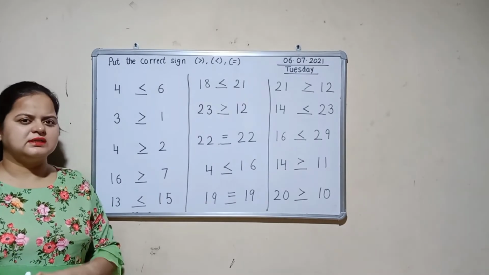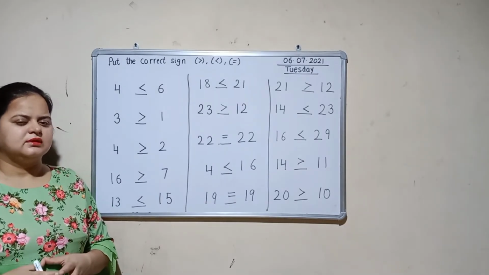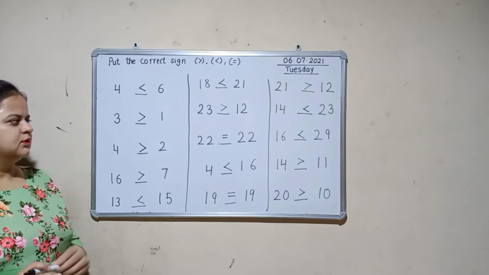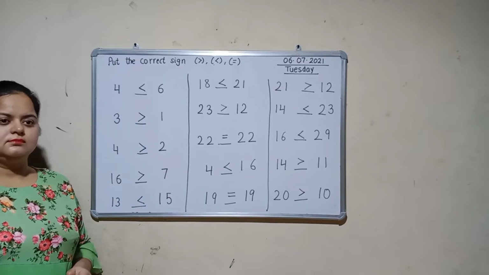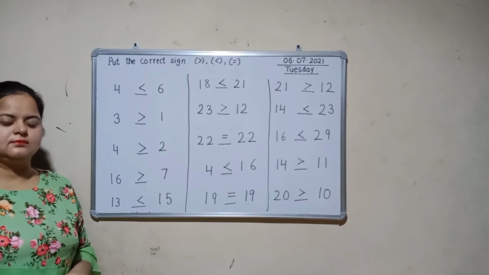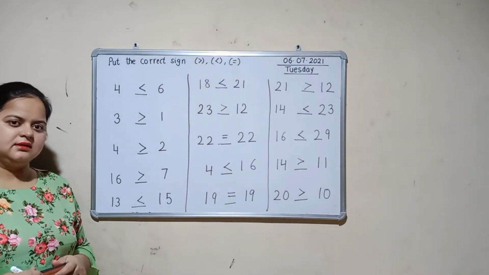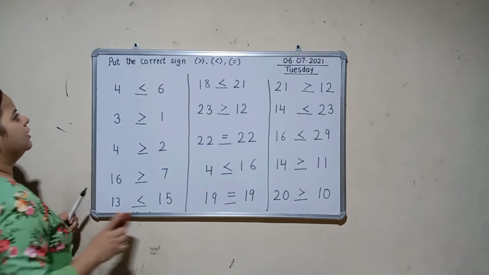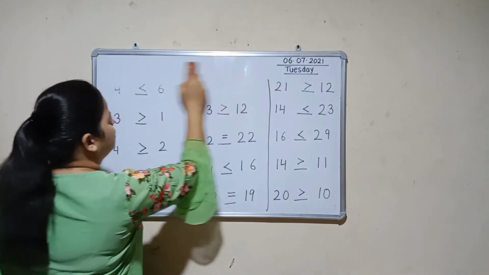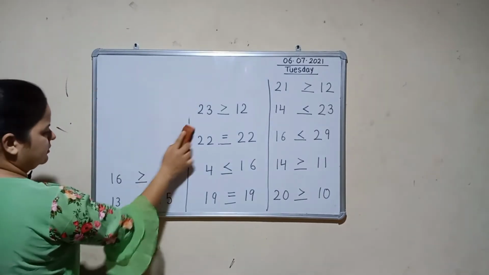I hope you all understand this concept. You understand, right? So do it quickly in your notebooks. Done? Okay. Open the next page of your notebook. And now we will do one more topic.